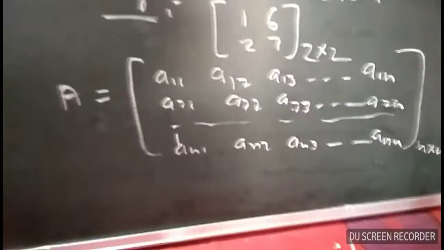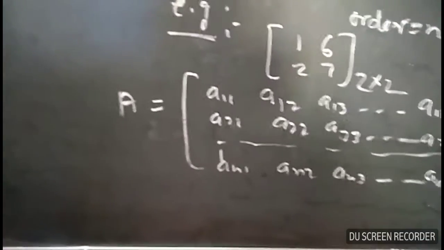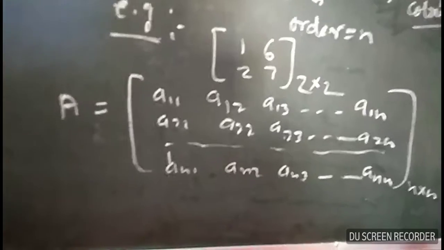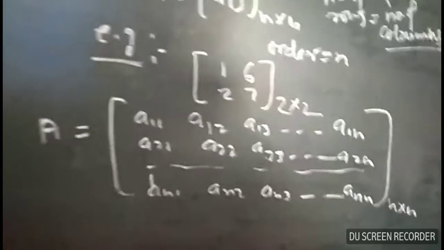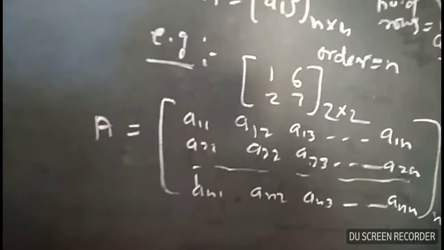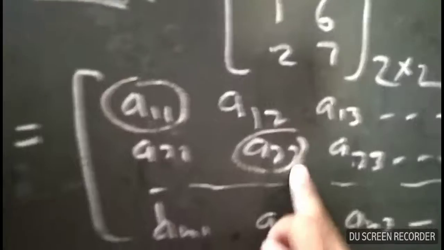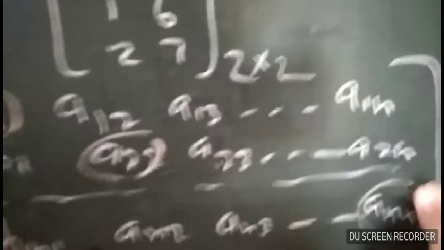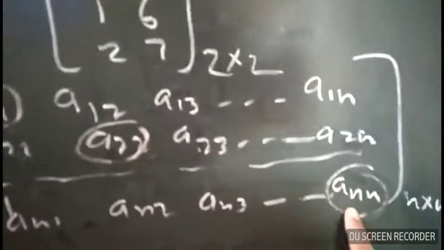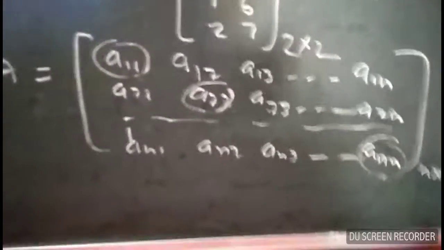Then in a square matrix of order n cross n, the elements whose row number and column number are the same are known as diagonal elements. And these elements in which the row number and column number are the same, that is 2 2, 1 1, that is row and column are equal, are said to be diagonal elements.